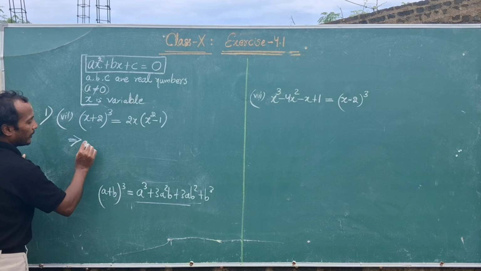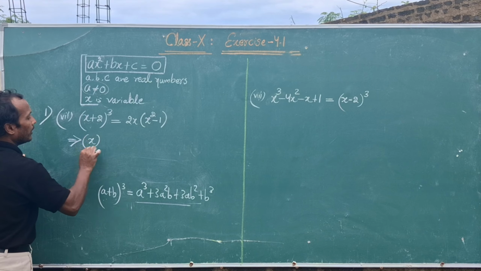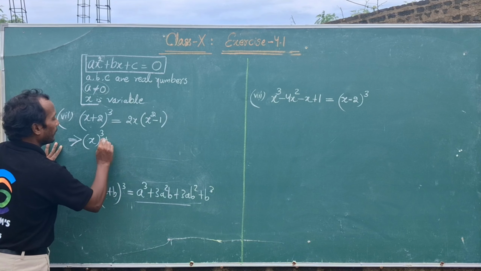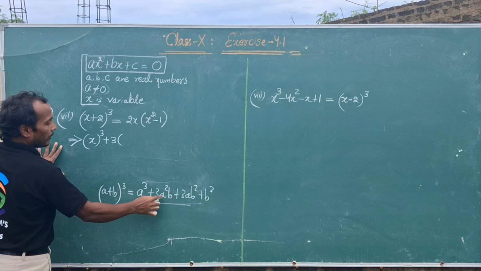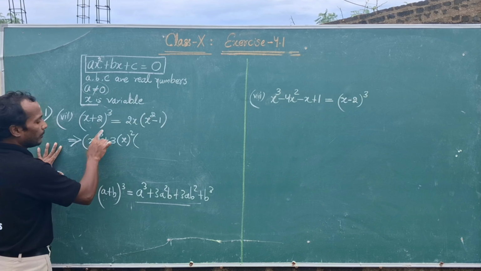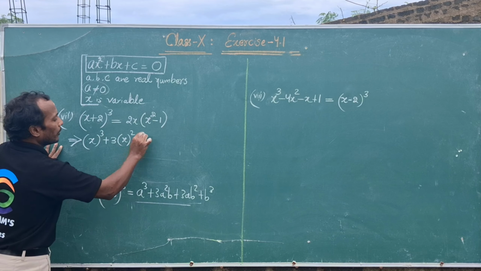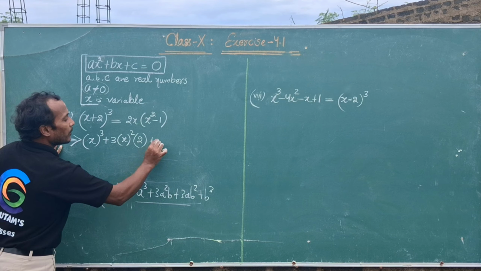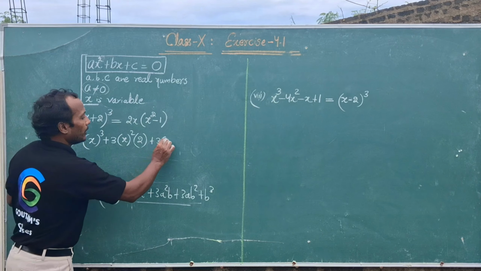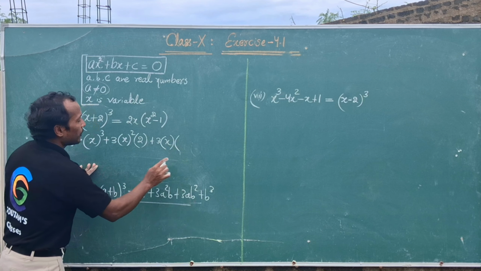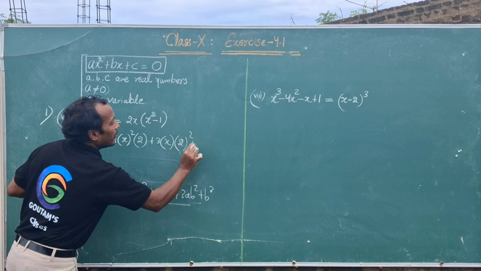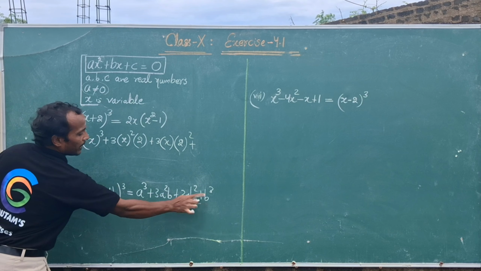So a cube means cube of x, plus 3a square b: a square means square of x, and b means 2. Plus 3ab square: a is x, and b square, with 2 playing the role of b, so 2 square. Plus b cube, b means 2, so 2 cube.